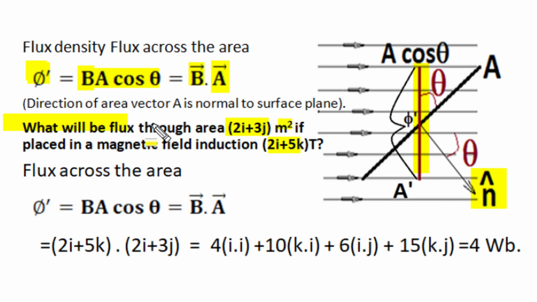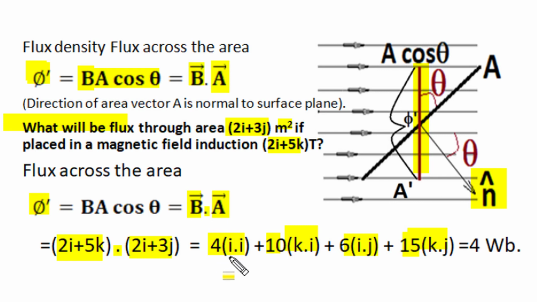We know that flux passing through any area is the dot product of B vector and area vector, and in the dot product we place B vector in unit vector notation and area vector in unit vector notation. When the dot product is done, the dot product of 2i and 2i becomes 4 i·i, 5k and 2i become 10 k·i, and similarly 2 3s are 6 i·j, and 5 3s are 15 k·j.